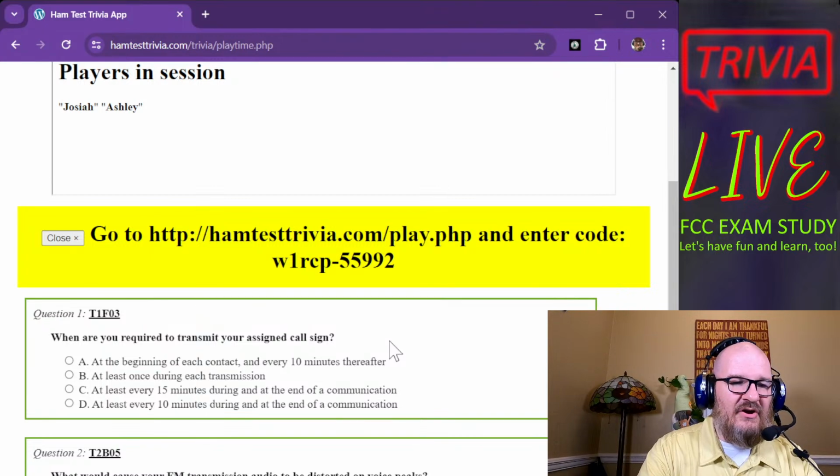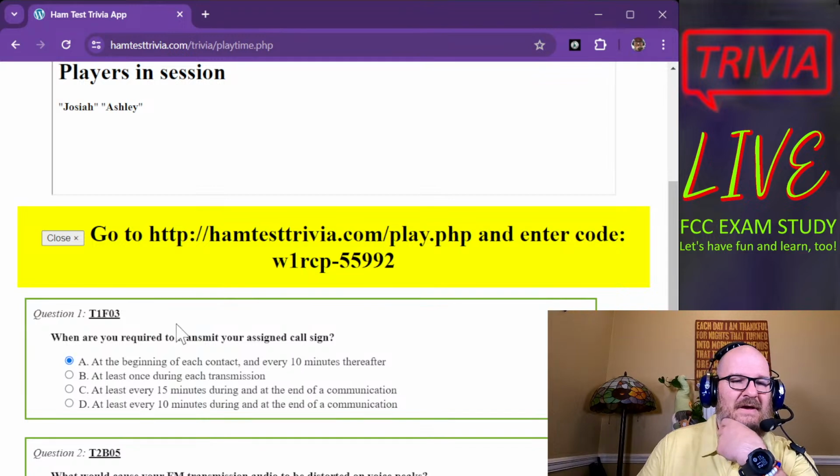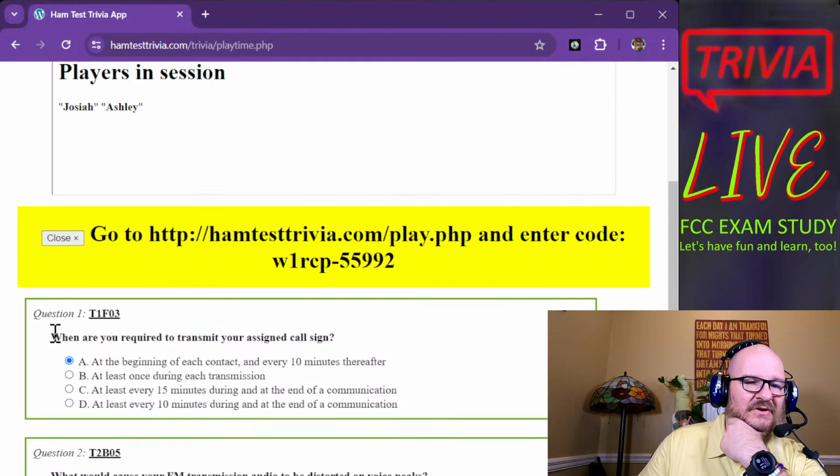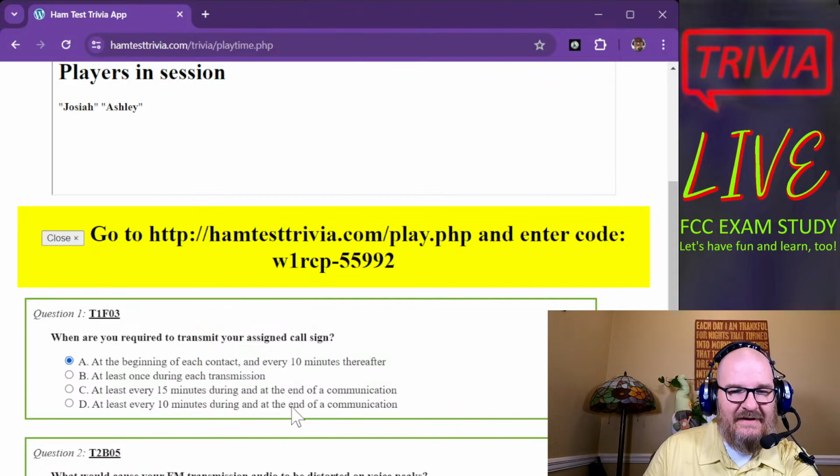And the questions for tonight for round 1 are: when you are required to transmit your call sign at the beginning of each contact and every 10 minutes thereafter, at least once during each transmission, at least every 15 minutes, or at least every 10 minutes during and at the end of a communication.